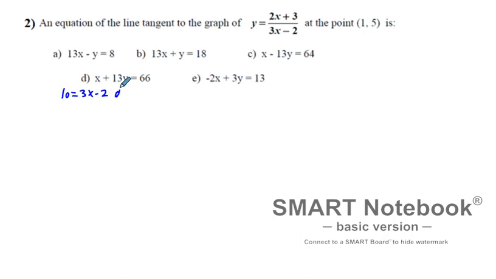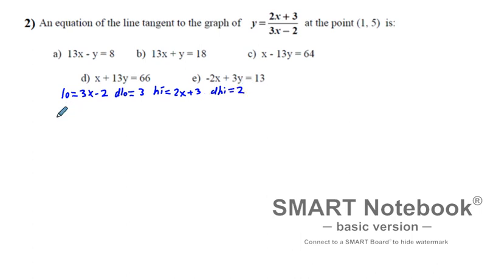and d low is equal to 3. And we have high is equal to 2x plus 3, and d high is equal to 2.